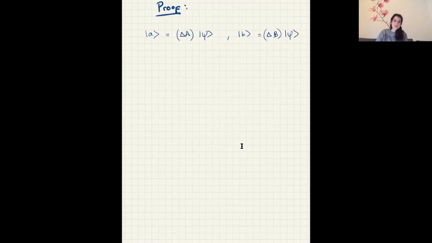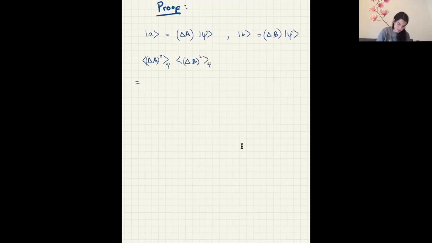Okay. Now, note that delta A and delta B are also Hermitian. Now, if we want to know, well, what do we want to know? We want to know this delta A squared delta B squared, right?